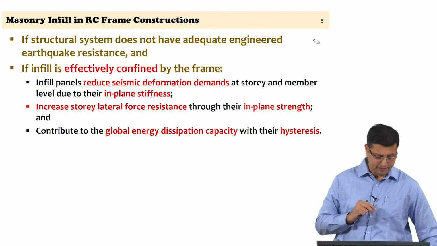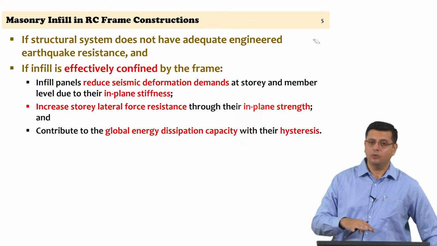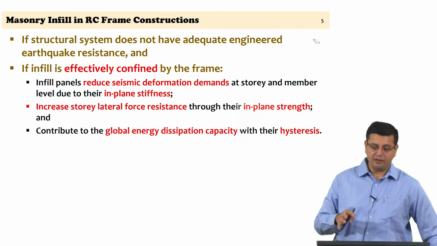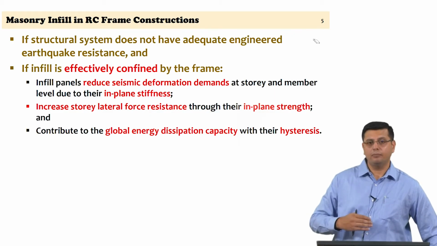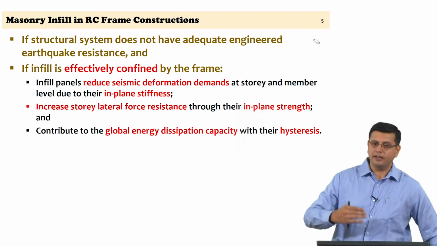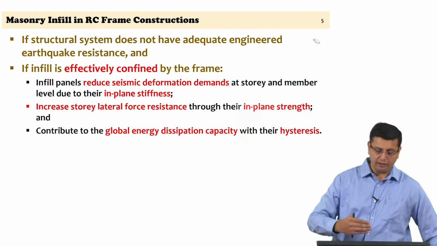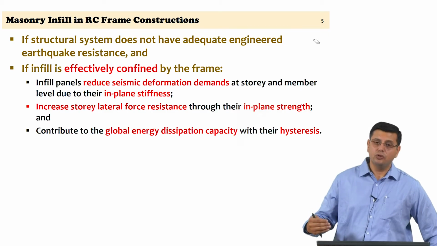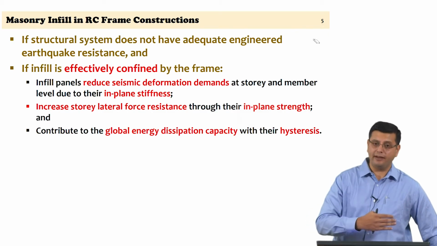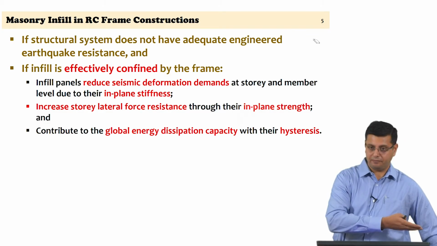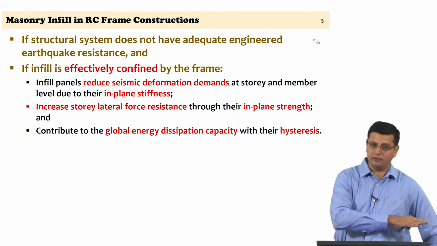What typically happens in Western contexts where the frame is not designed for earthquakes, but because of good quality units available and workmanship being good, you will have a strong panel interacting with the frame, leading to failure of the frame. So, that is an unfavorable effect.